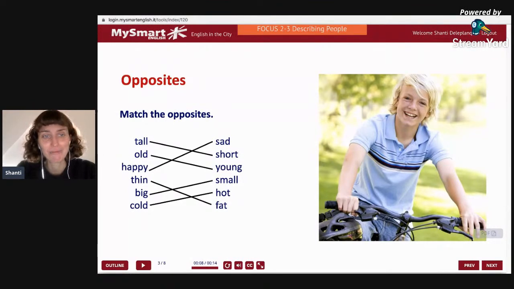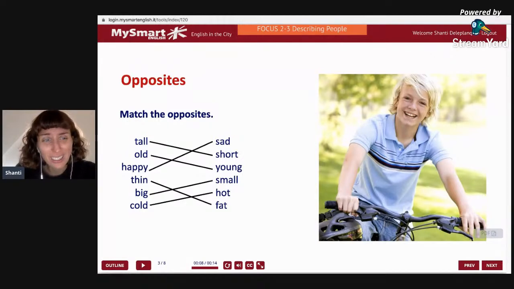What do you think? Yes, so we have different adjectives. He's young and thin, Juicy says. Francesco says young and happy. Yes, he has a big smile. Young, definitely. How old is he?